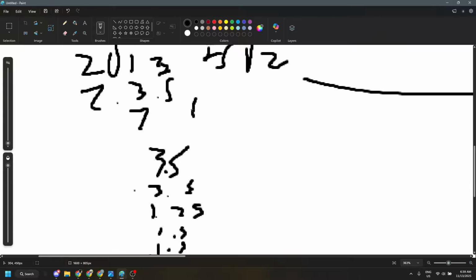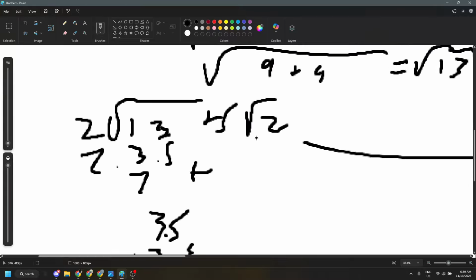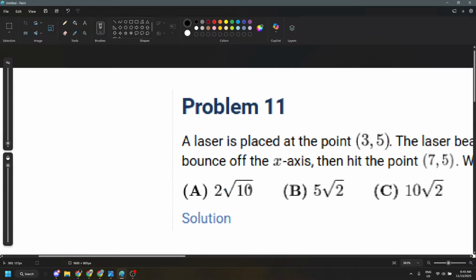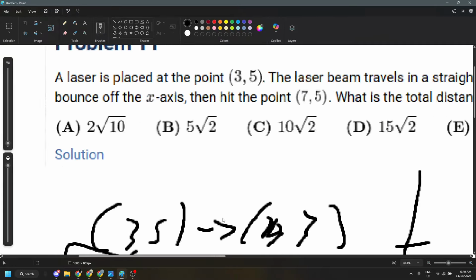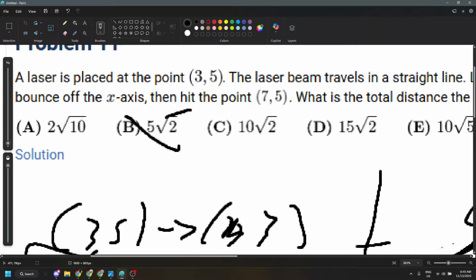So 7 plus, this is 1.4, so 5 times 1.4: 10 times 1.4 would be 14, so 7, so this is equal to about 14. What's closest to 14? It's not going to be this one.